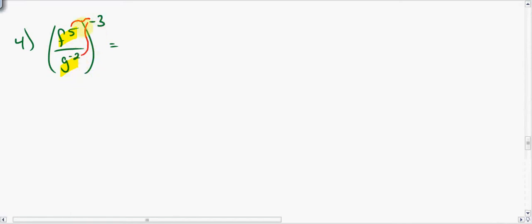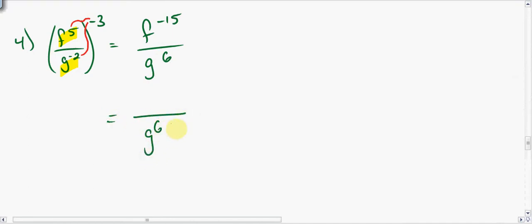I'm going to take these exponents and multiply them together. So I have f raised to 5 times negative 3, which is the negative 15th power. Down here I have g raised to the negative 2nd power times the negative 3rd power, so negative 2 times negative 3 is the 6th power. So this g is good, since it's positive, it doesn't need to go anywhere.